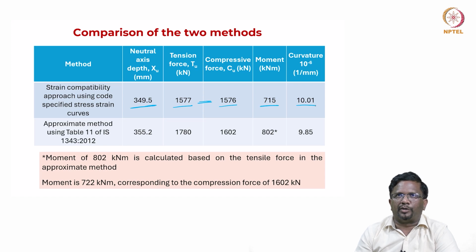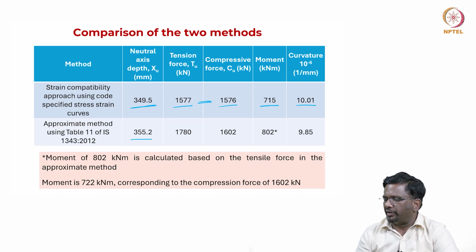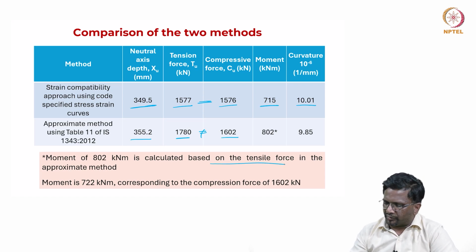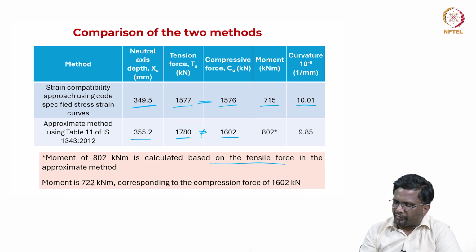If I use the approximate method, you get a slightly higher neutral axis depth, but the major issue is that Cu and Tu are not equal, right. So, one is calculated based on the tension force. If I am using the compression force, this is based on Cu times d minus 0.42 Xu, that we talked about, 722.